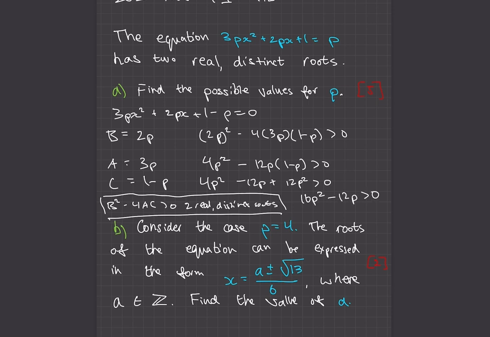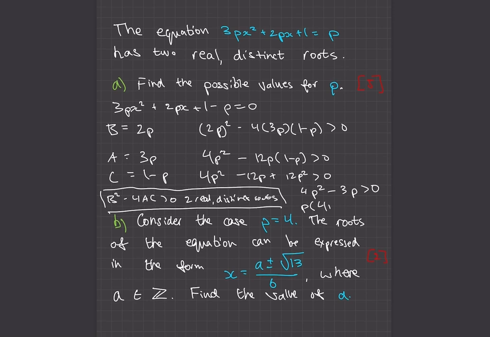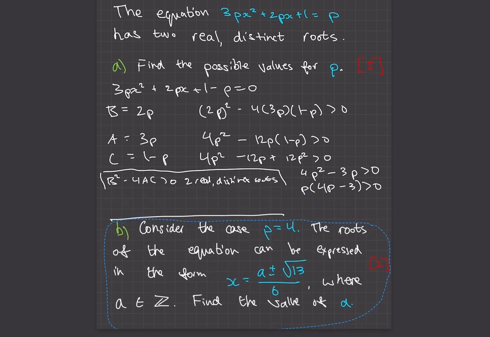We can divide everything by 4, it becomes 4 and 3, and factor out a p: p times (4p minus 3). I'm going to move everything down, because I don't want to erase any writing, otherwise it might not be clear exactly what we did.